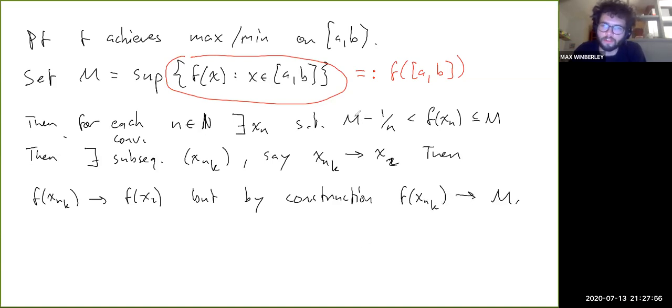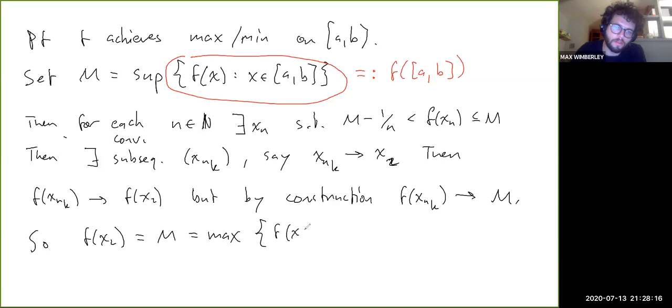Because we forced f of xnk to be in between M minus 1 over nk and M, and that approaches 0, obviously, so it's squeezed into approaching capital M. So f of x2 equals M, which is the maximum of f of x for x in AB, as desired.